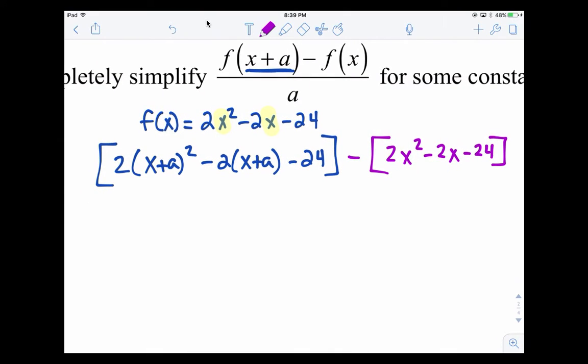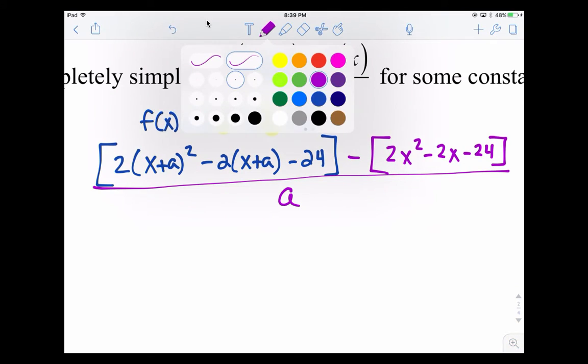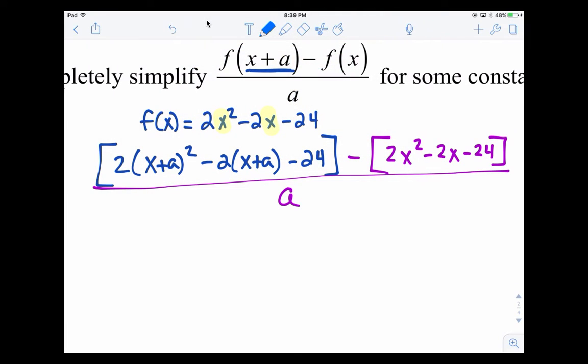If you have that written down, you've pretty much done most of the difficult work. From there, all you have to do is simplify, and the entire thing is divided by a. So all you do from there is just simplify.